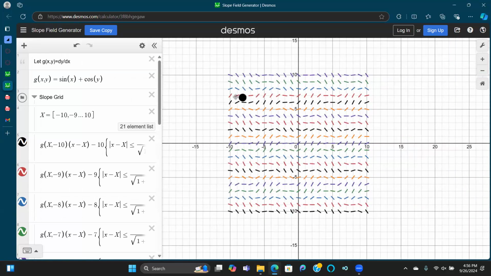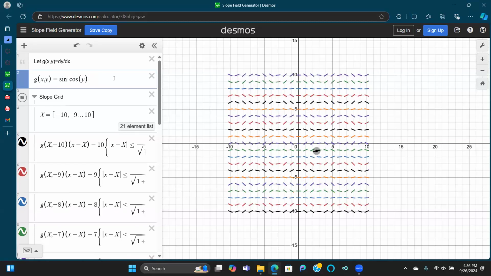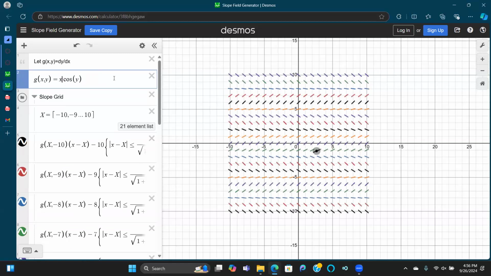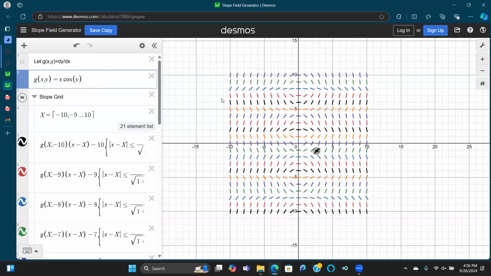Sorry, the rows aren't the same all the way across, but I do have some sort of nice pattern behavior that I can see in here. Okay. Or if I change this to maybe x times cosine of y, see what happens there. Oh, okay, now I have something a little more interesting there.